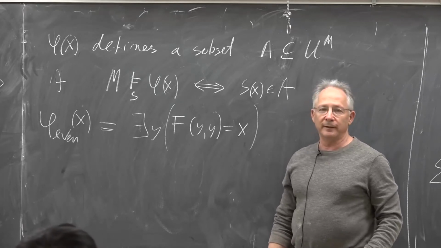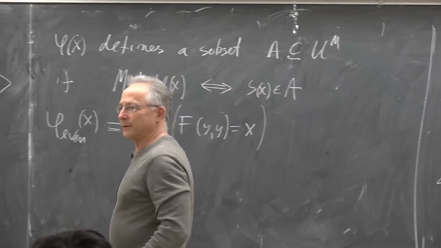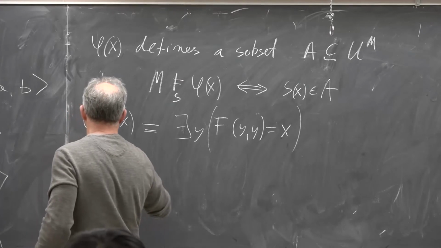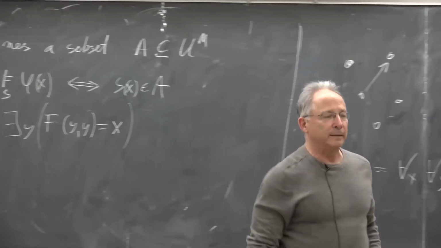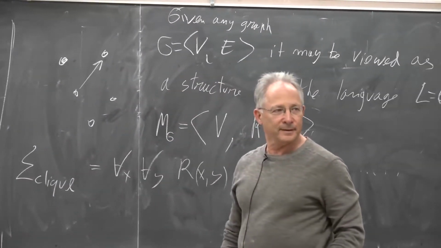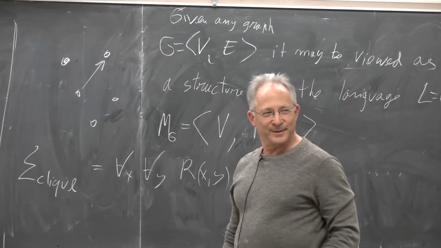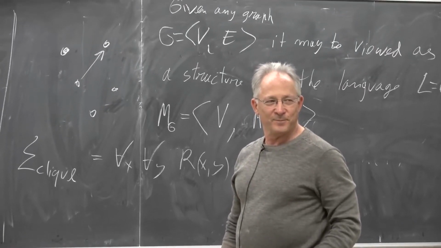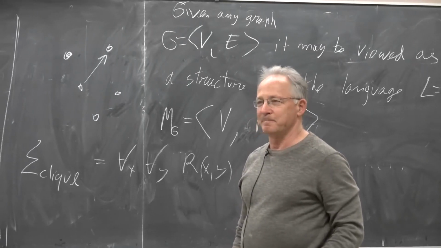Let me give you a more difficult challenge. Can you give me phi prime of x, saying x is a prime number, that will define the set of all prime numbers in this structure? Yes? For all y, for all y not equal to 1... Okay.